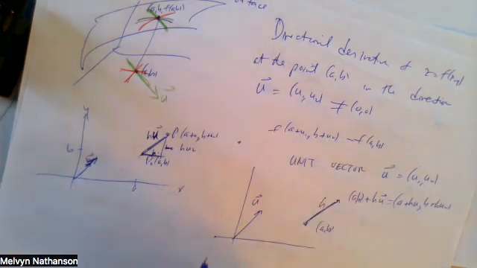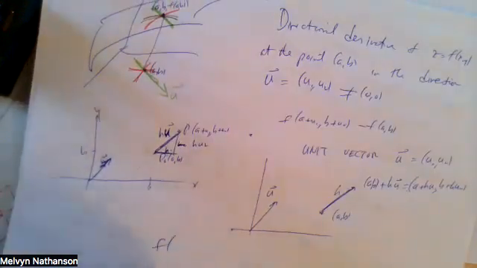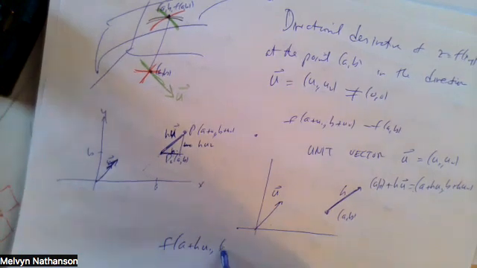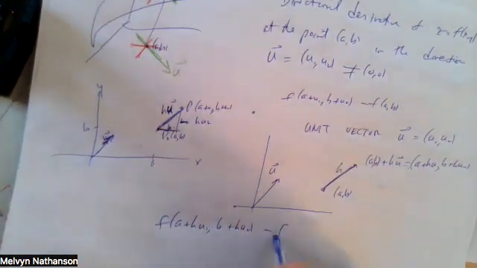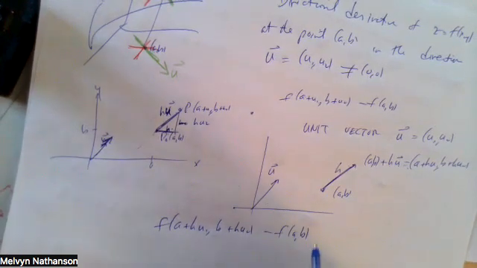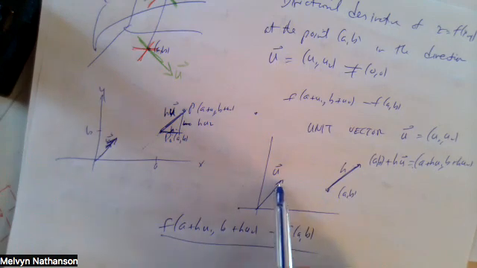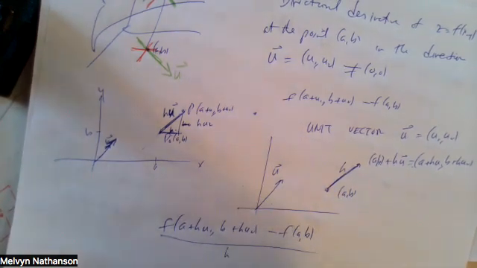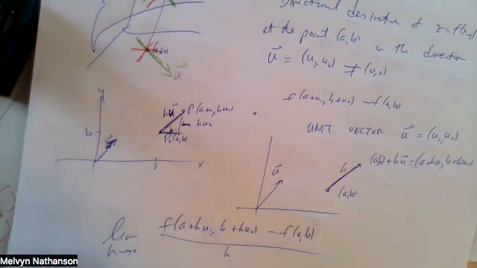So at this point, the value of the function is f of a plus hu1, b plus hu2. I subtract the value of the function at A, B, and the distance between them is the length of the vector hu, but u is a unit vector, so that length is h. And then I take the limit as h goes to 0.